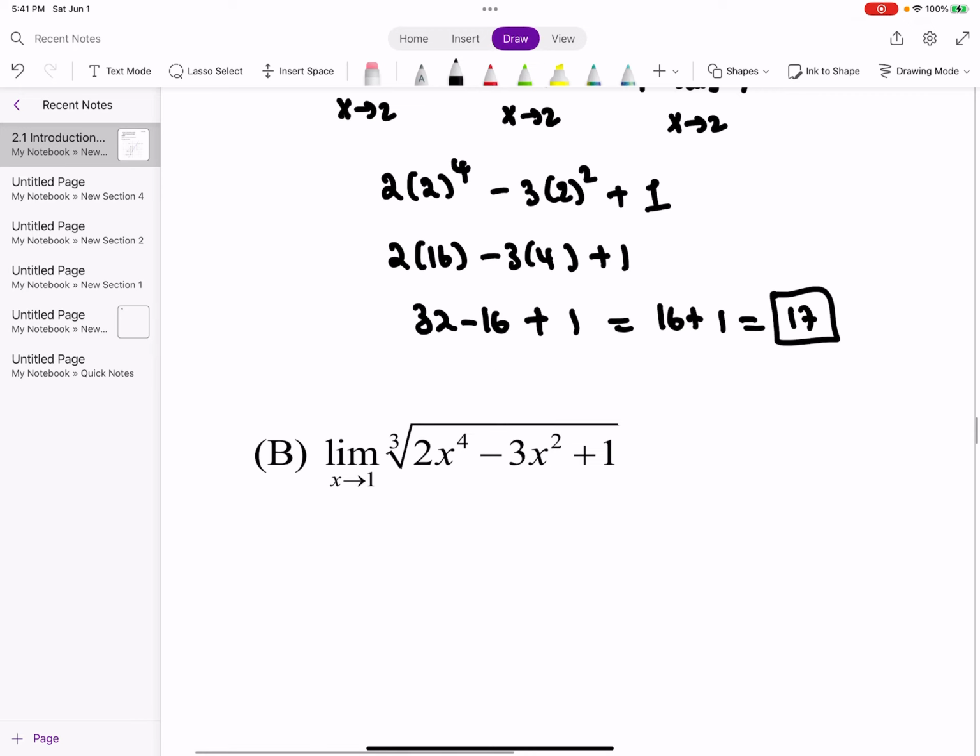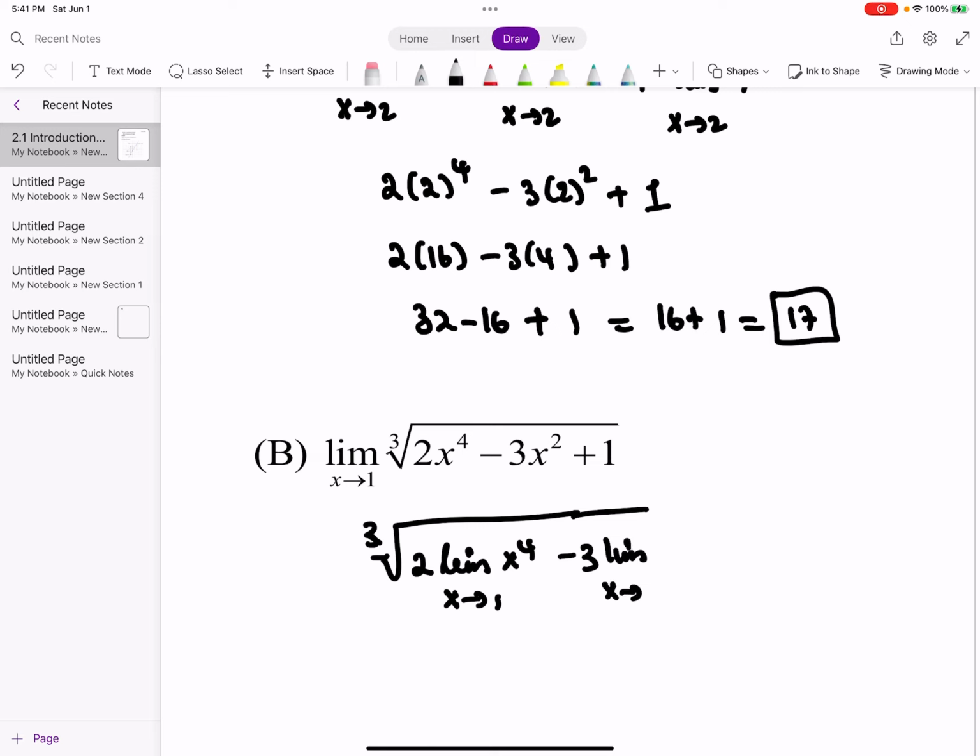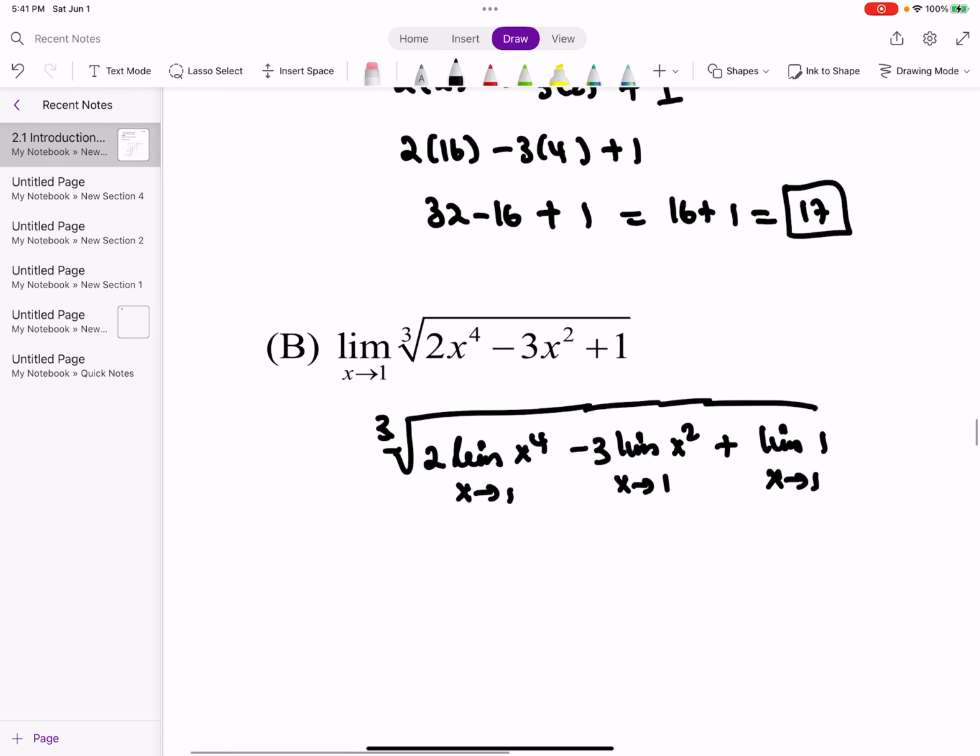When you do this one, you have to apply the limit inside. So this is the cube root of 2 times the limit of x approaches 1 of x to the fourth minus 3 times the limit of x approaches 1 of x squared plus the limit of x approaches 1 of the constant function.